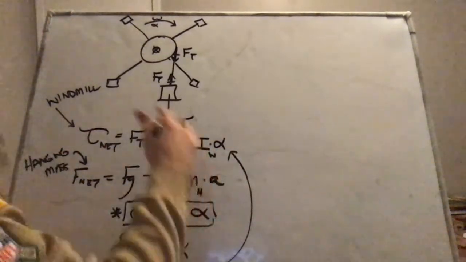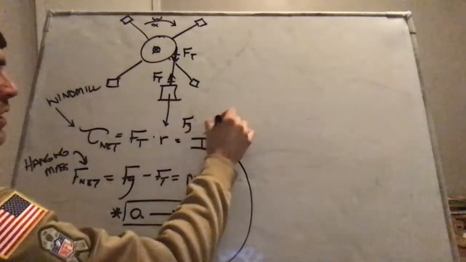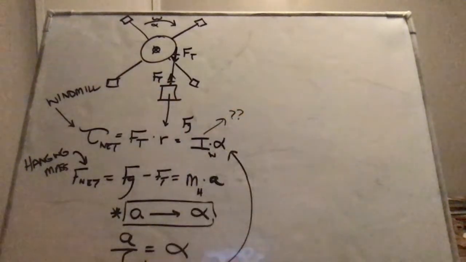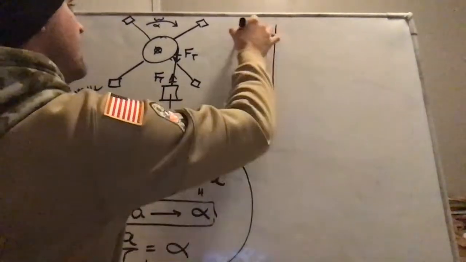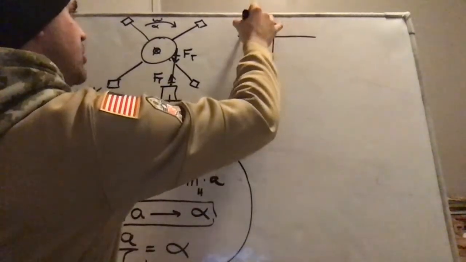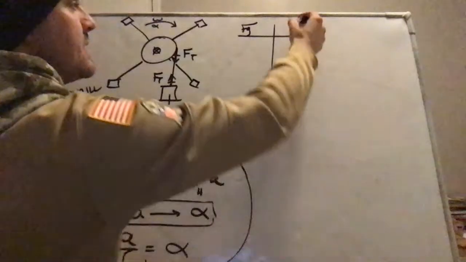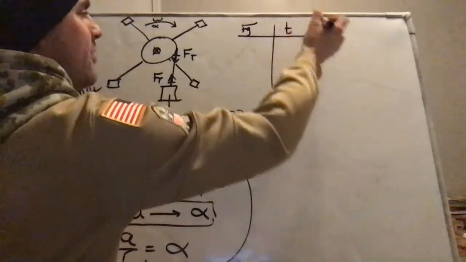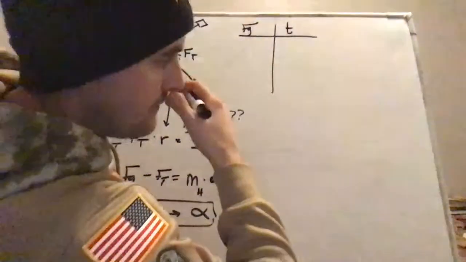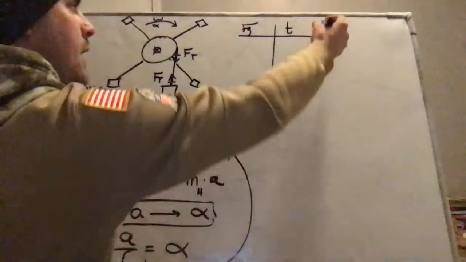Now in my class, our job was to figure out what that value is. So we went ahead and we graphed. We took data. That data was a bunch of different Fgs, a bunch of different hanging masses. We measured the time it took to fall. And eventually what we came up with was our acceleration.